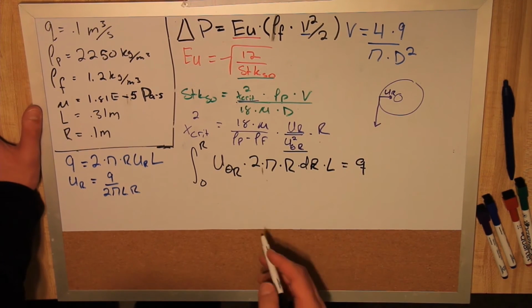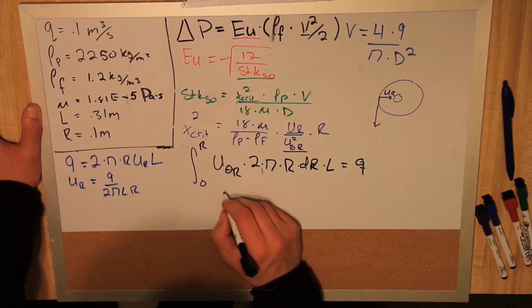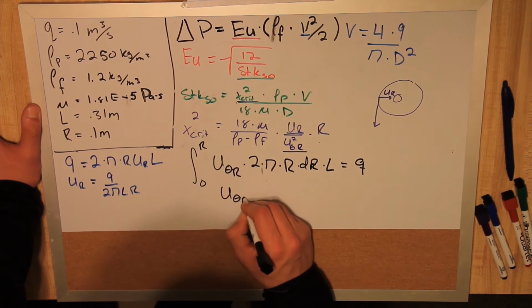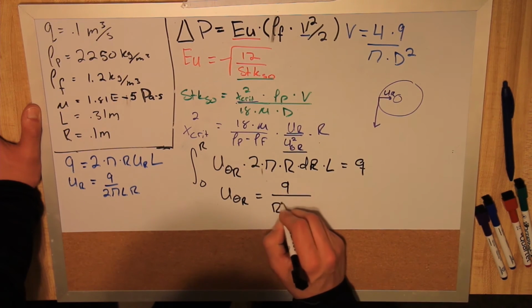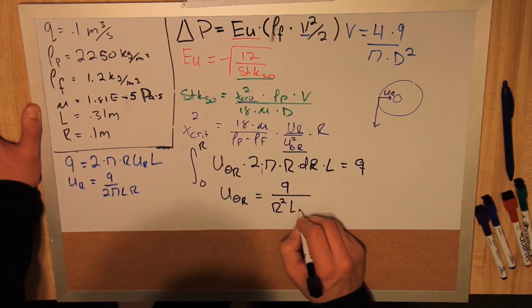And after some calculus, we find that u theta r is going to equal Q over r squared L pi.